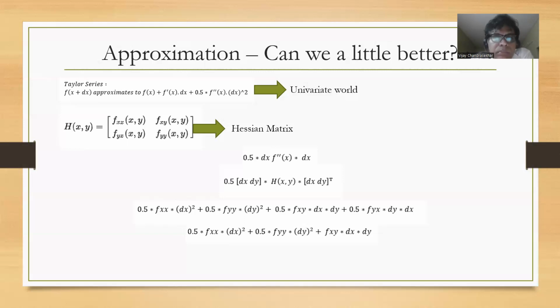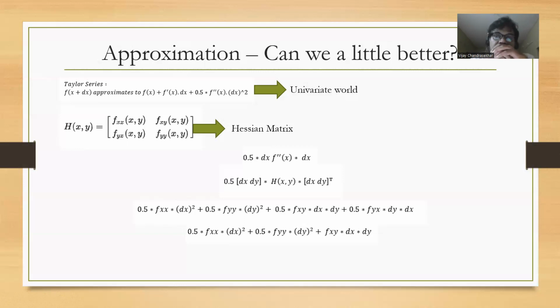This is where the Hessian matrix comes into the picture. Think of the Hessian matrix as a matrix of all possible second order partial derivatives. We talked about partial derivatives a while back.